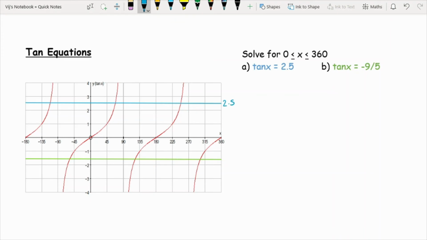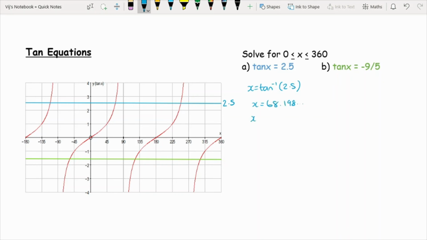So for the first one, we've got x equals inverse tan of 2.5. And if I reach my calculator and I type that in, it will give me my first angle, which in this case, x equals 68.198, and that continues.